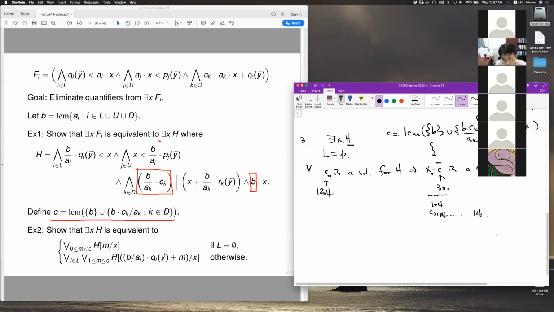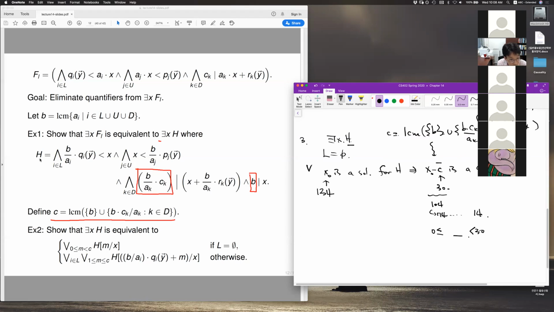So what does that mean? That means that if there is a solution for h, for any natural number, there has to be a solution which is between 0 and the number 30 in this case. So some number between 0 and 30 has to be a solution for this problem. That's what this constraint is telling us.